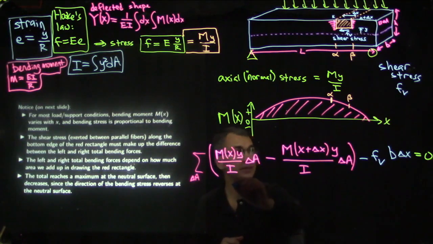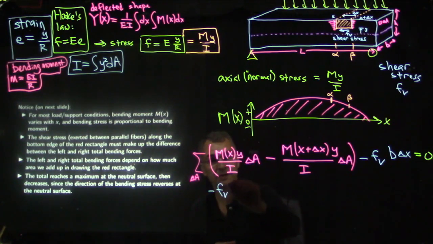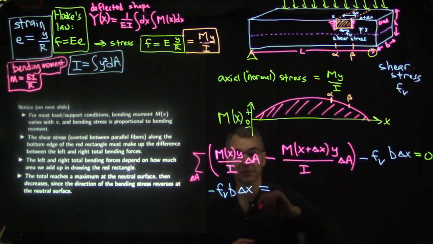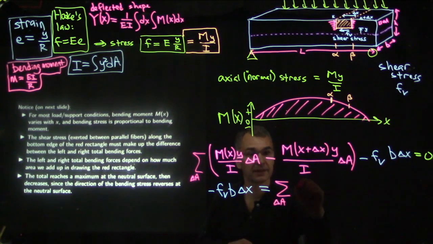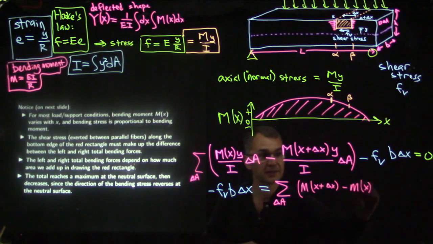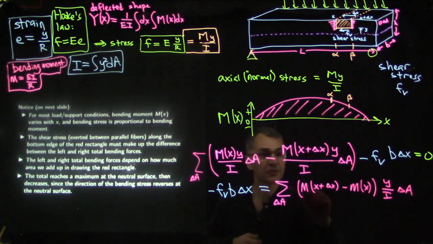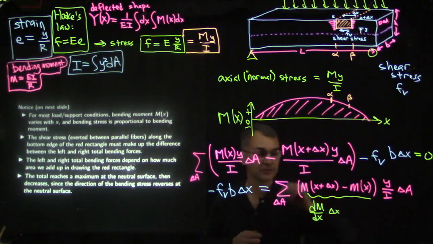So I guess we can say minus f_v b delta x. And I have a feeling that my minus sign is going to turn out to be because I should have picked the other side of the beam. We can just compare the result when we're done with what I wrote in my notes earlier. So then we're going to sum over all little chunks delta A, and we have M of x plus delta x minus M of x, times y over I, delta A. This expression is just dM by dx times delta x from calculus.